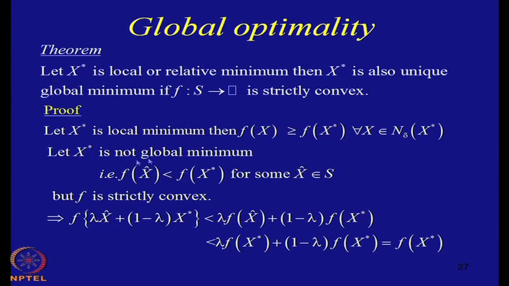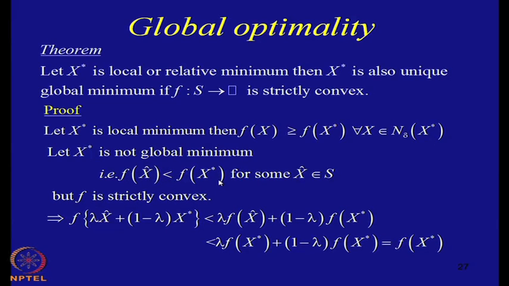Now we have to prove that x star is also the global minima. Let us assume that x star is not the global minima. We have another global minima x hat within the domain of the function, that is S for us. Then we can say that f of x hat must be lesser than f of x star.